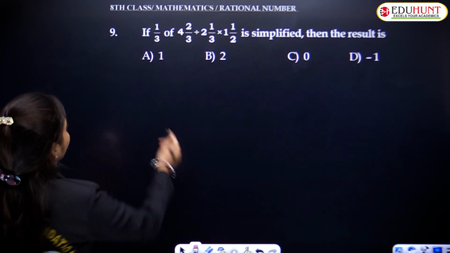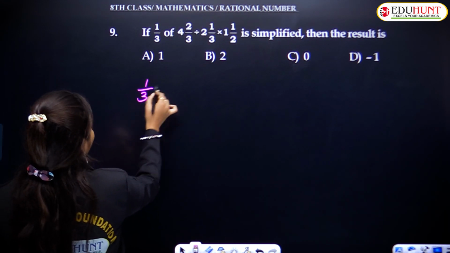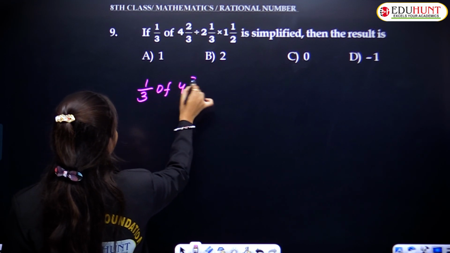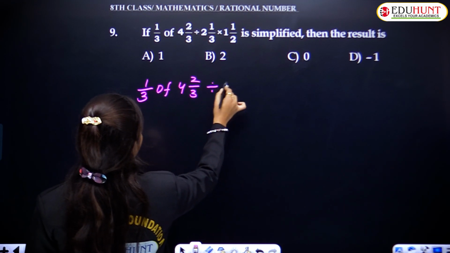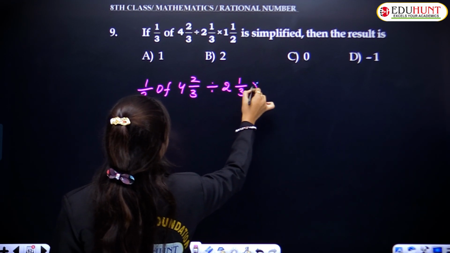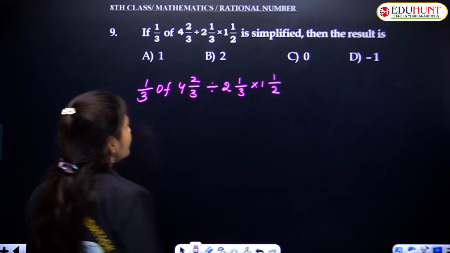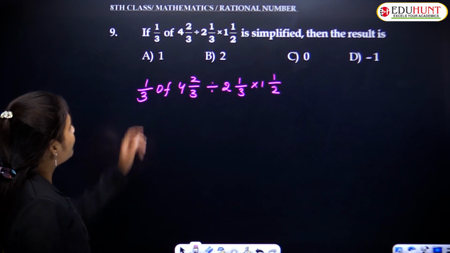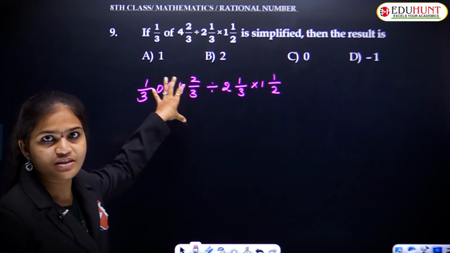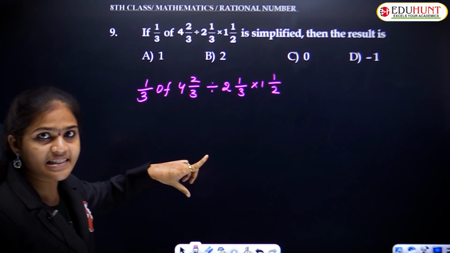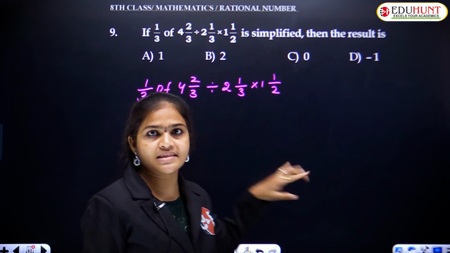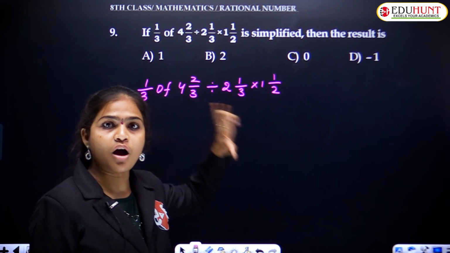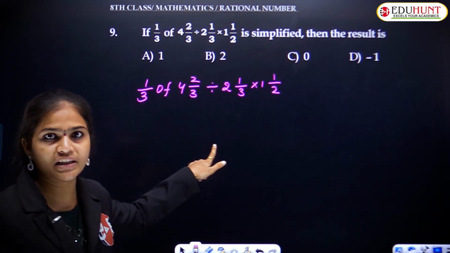If 1 by 3 of 4 and 2 by 3 divided by 2 and 1 by 3 into 1 and 1 by 2. So again we have to apply the BODMAS rule. First brackets, if brackets are there we perform them first, but brackets are not there. Next, "of" is mentioned, so we go for that "of".